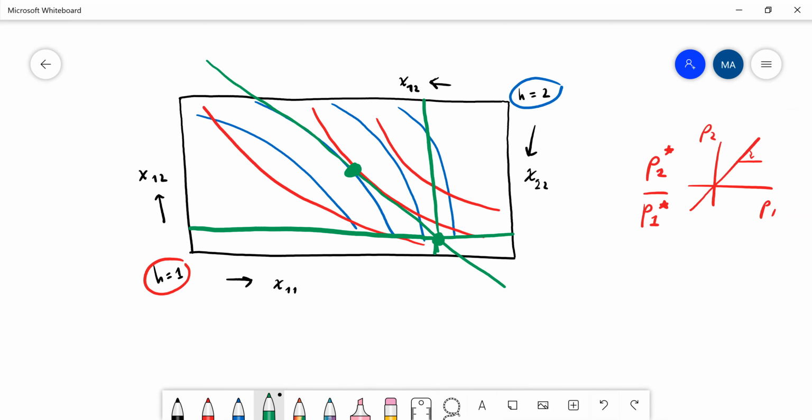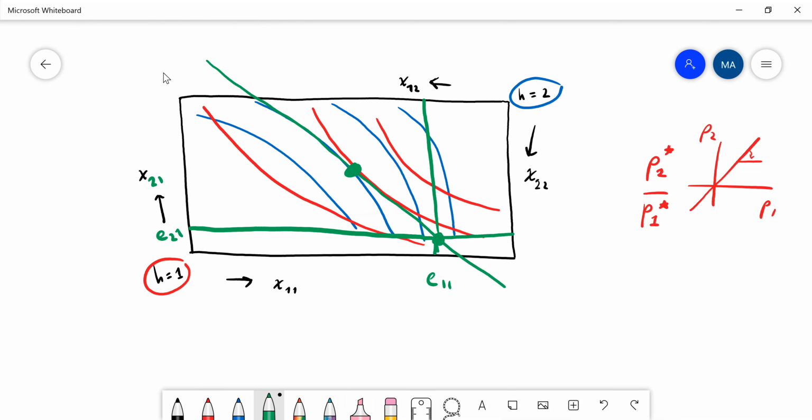So here you have E11, the endowment of the first good by the first consumer, and this is E21, endowment of the second good by the first consumer.